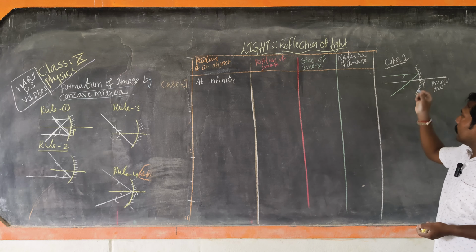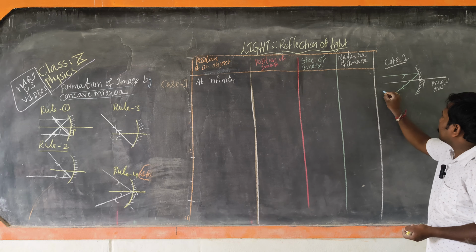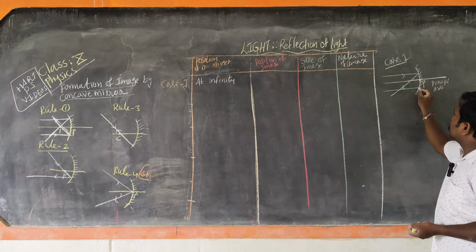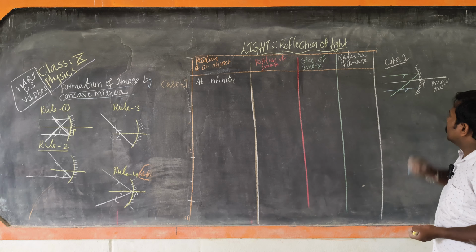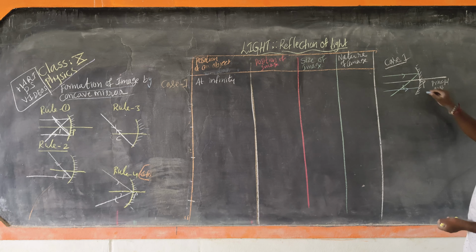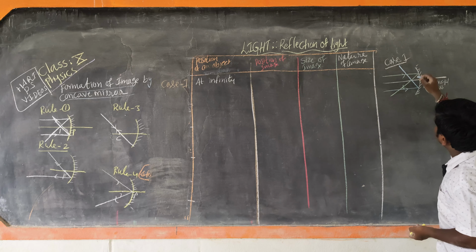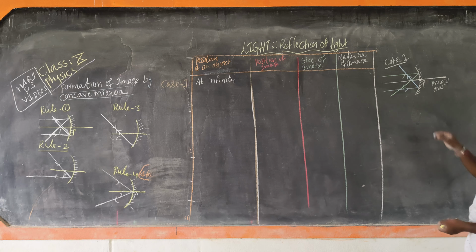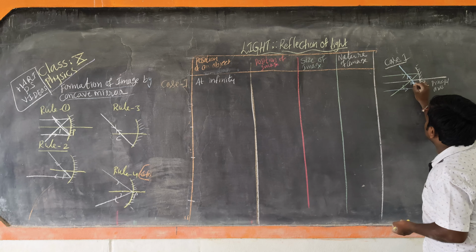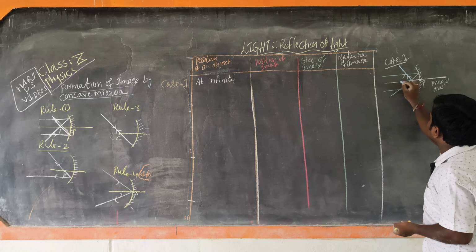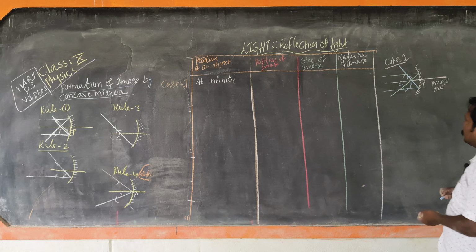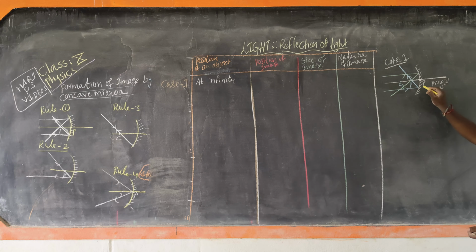So we have to take one more light ray, which is also parallel to the principal axis. After reflection, it passes through focus. Here it is the focus, here it is the center of curvature. So where is the image formed? At the focus.